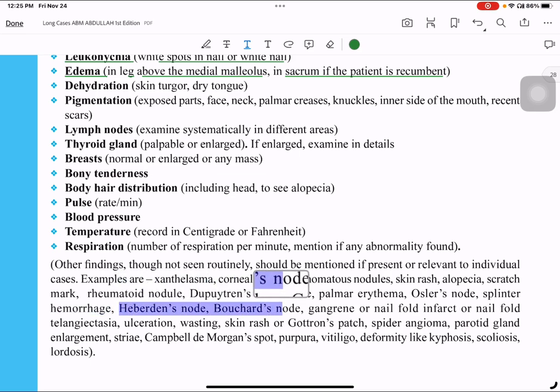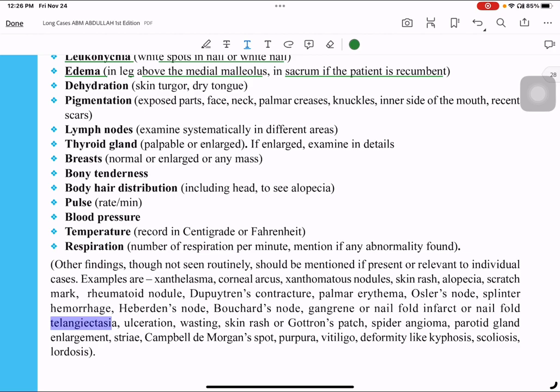Heberden's nodes or Bouchard's nodes may indicate some rheumatological disease. Gangrene of the nail, in fact, may indicate the patient has diabetic foot ulceration or peripheral vascular disease. The patient may have ulceration in the body.